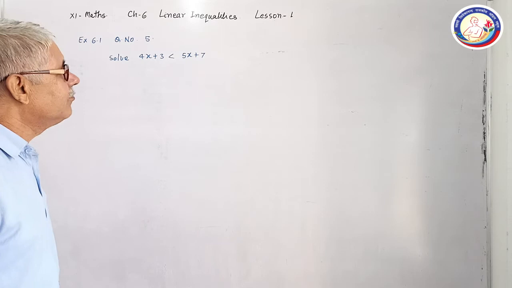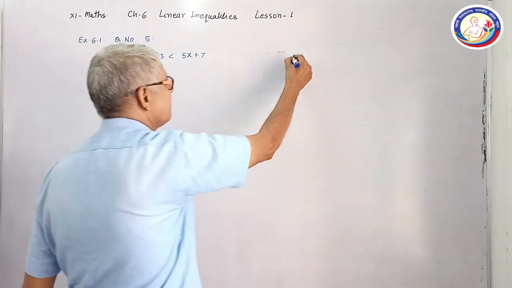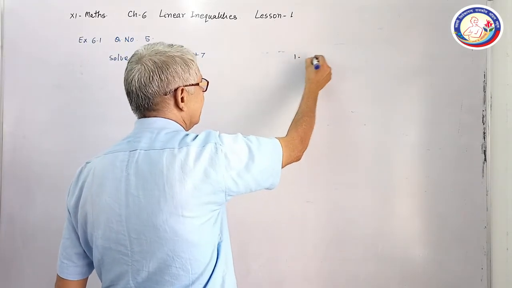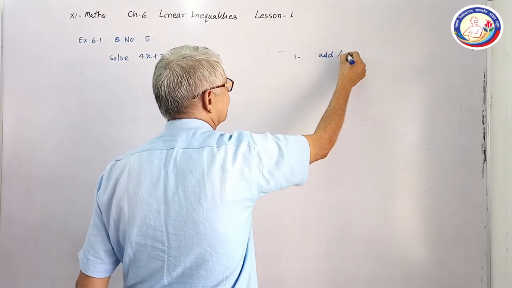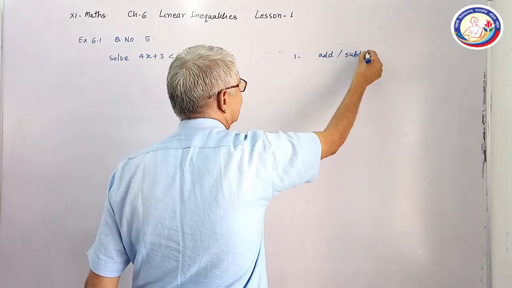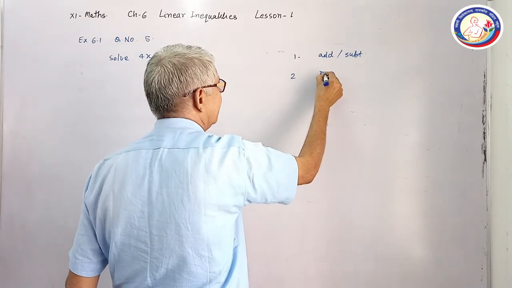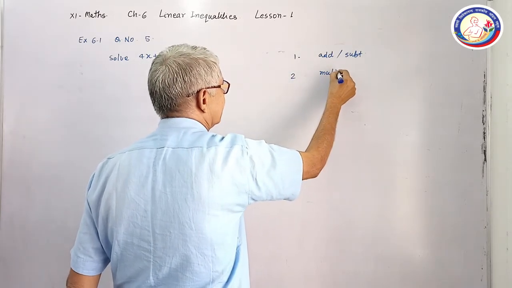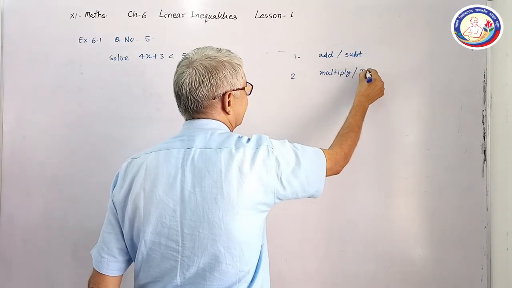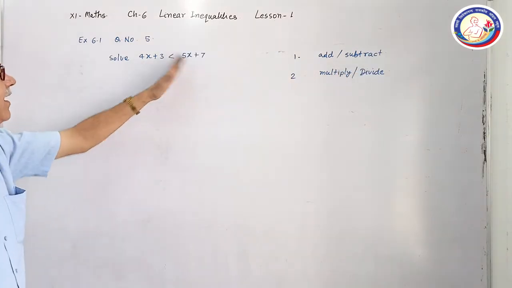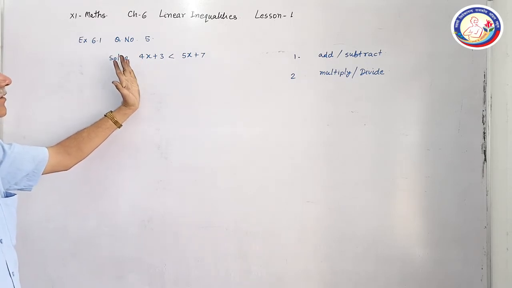Now we have two main rules. One, addition and subtraction. Second, multiply or divide. We have to bring x on the left side of this.